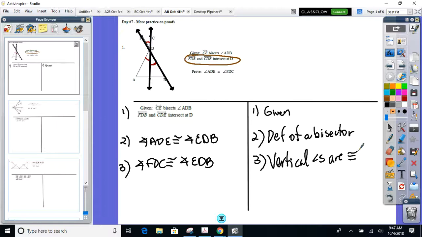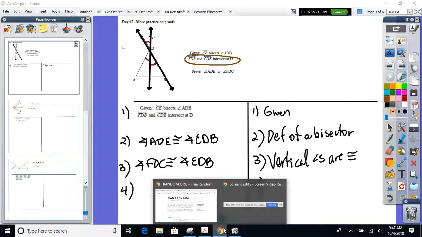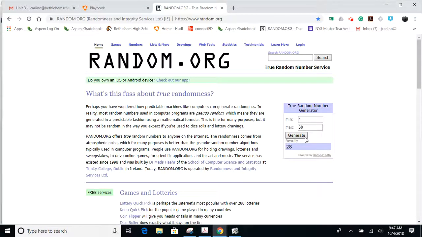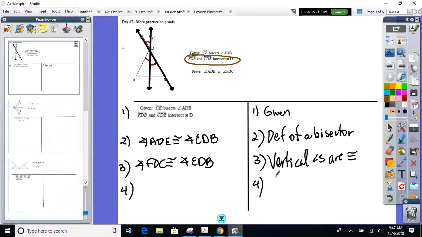Anybody losing their self-respect and still putting CLE at the end of vertical? Check yourself. We're better than that. And then finally, how did I get ADE and FDC equal? Because I took statements 2 and 3 and did a little substitution with them. Yep.